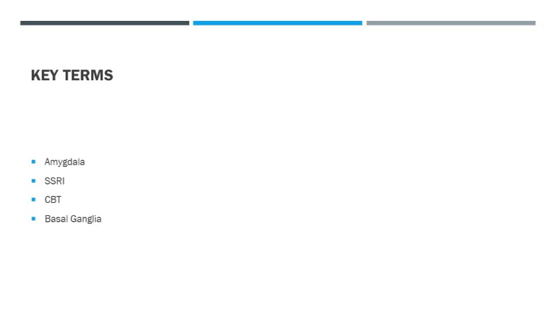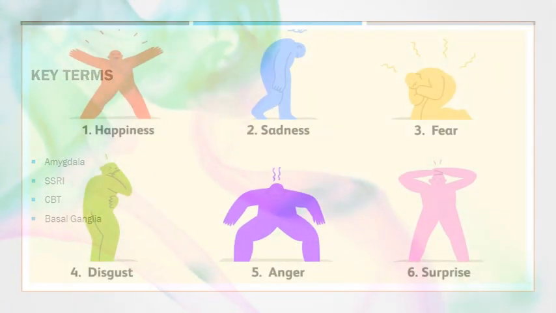And then we have the basal ganglia, which is that group of interconnected brain structures that's integral to the regulation of motor functions and habits. And so dysregulation in the basal ganglia is often associated with conditions like hoarding disorder.